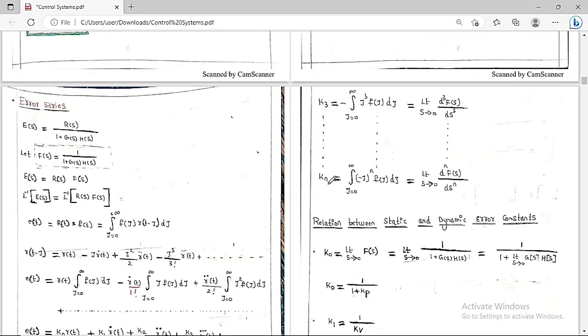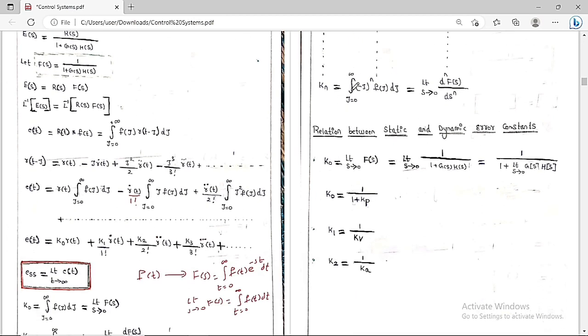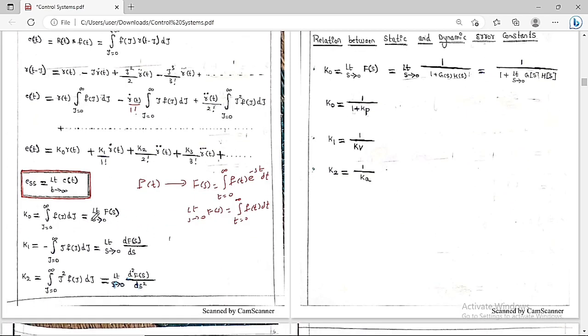Finally, kn is integration from tau is equal to 0 to infinity minus tau all to the power of n into f of tau d tau, which is limit s tends to 0 d to the power of n F of s by ds to the power of n. This is the general expression. If you substitute n is equal to 0, we get the first one. If you substitute n is equal to 1, we get the second one. So this is the general expression of kn, and this is something you always have to keep in mind.